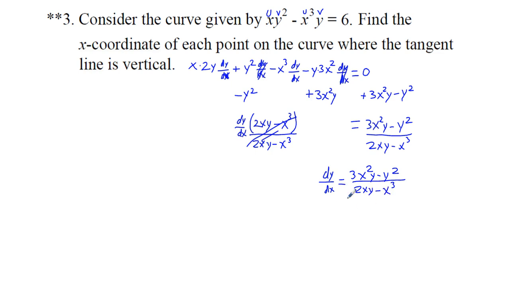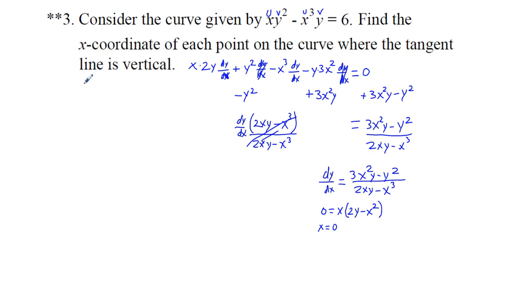Now we're going to find our x values of tangency by setting our denominator equal to 0. So continuing below here, we're going to say 0 is equal to, factoring out an x, times quantity 2y minus x squared. So we know that x equals 0 is going to be one of our answers.